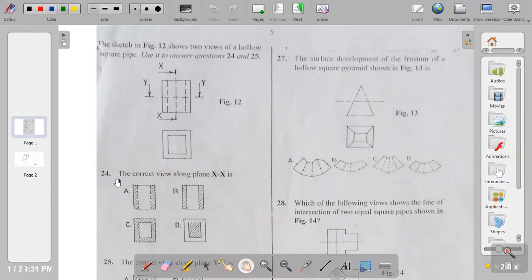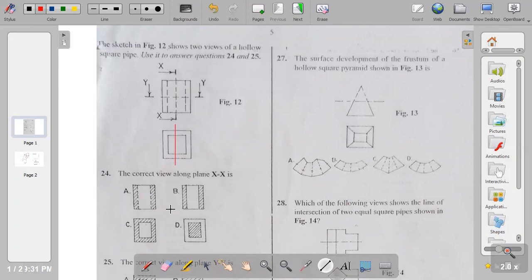Question 24 says, the correct view along plane XX. Plane XX is cutting the hollow pipe in such a way that it will cut across the hollow pipe. It will go this way. It will cut the hollow pipe this way.